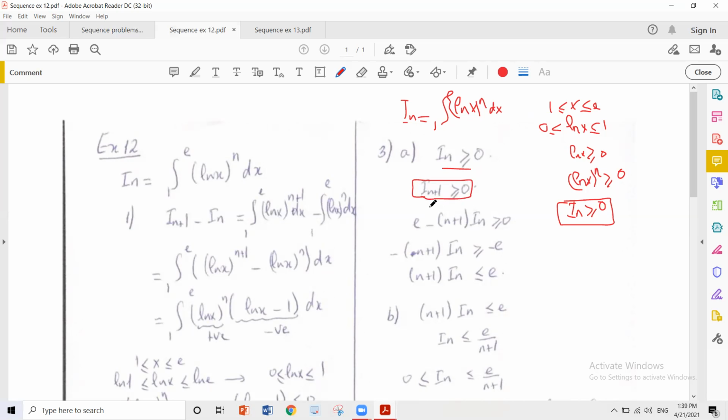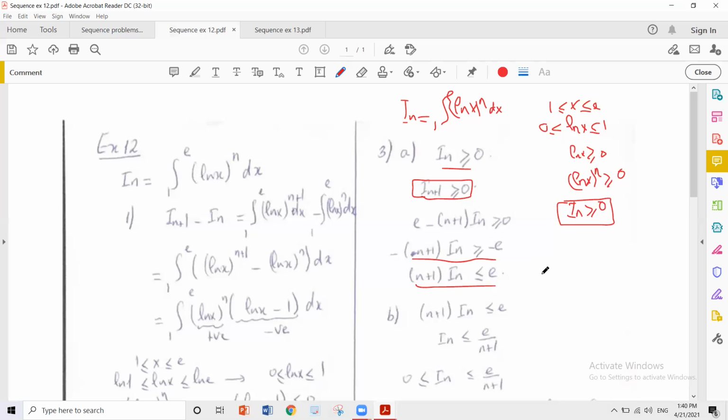Then e minus (n plus 1) I_n, this is the value of I_{n+1} calculated in the previous part, is greater than or equal to 0, so minus (n plus 1) I_n is greater than or equal to minus e. Multiplying by minus, we get this relation.